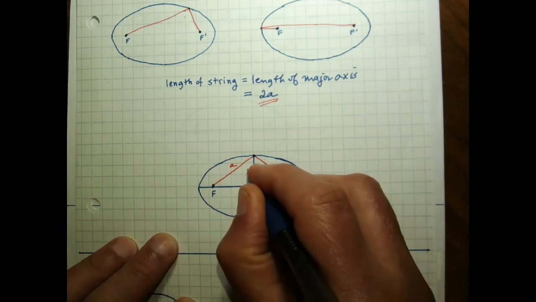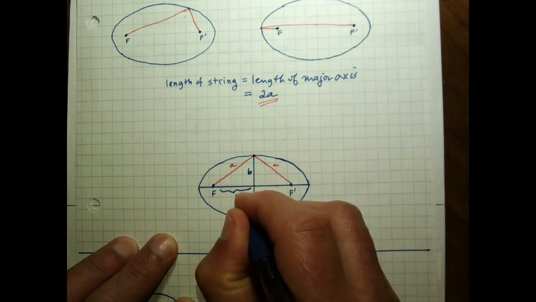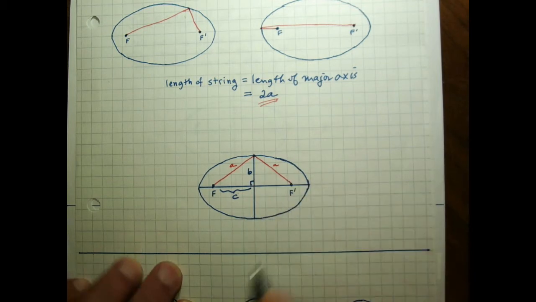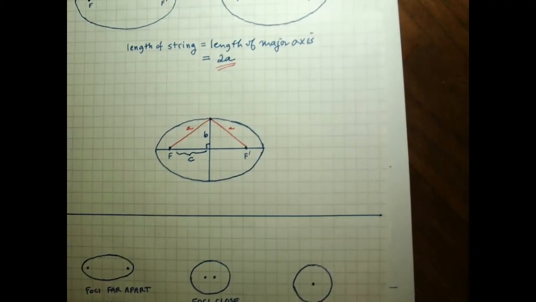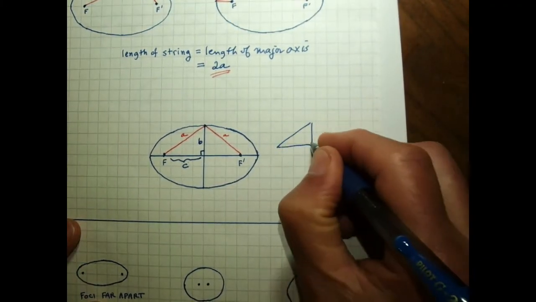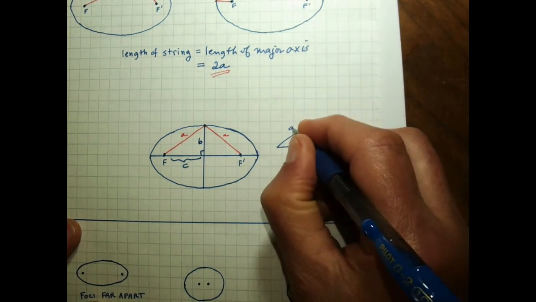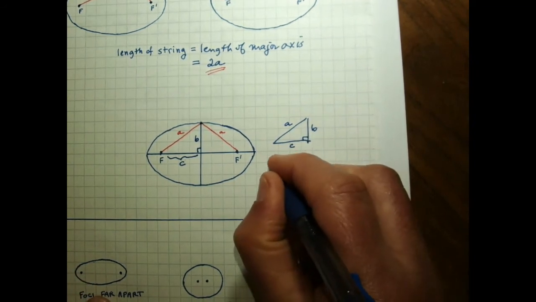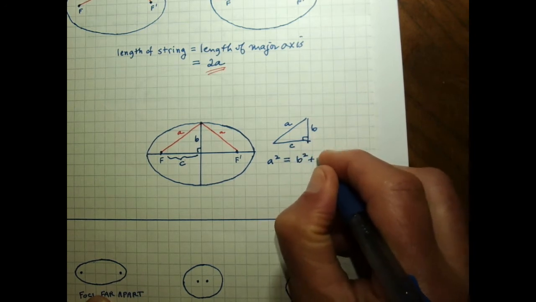Now we've already labeled half the minor axis as B, and this distance is C from either focus to the center. We know we have a right angle here, so we actually have a right triangle in our picture with legs C and B and hypotenuse A. So by the Pythagorean theorem, we know that A squared is always equal to B squared plus C squared.